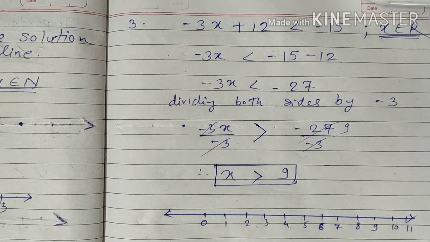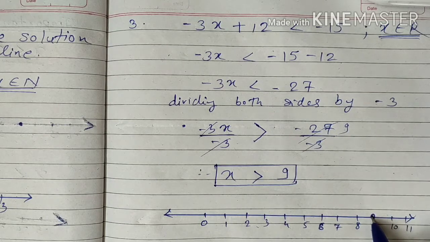Okay. Now since the value is greater than 9, how can we represent it? Since it is greater than 9, that means 9 is not included.